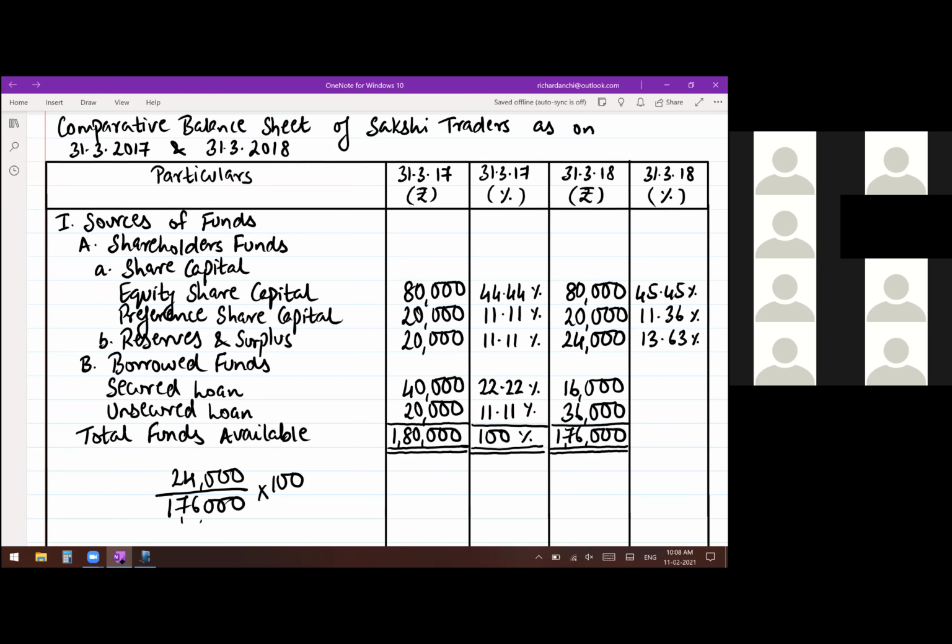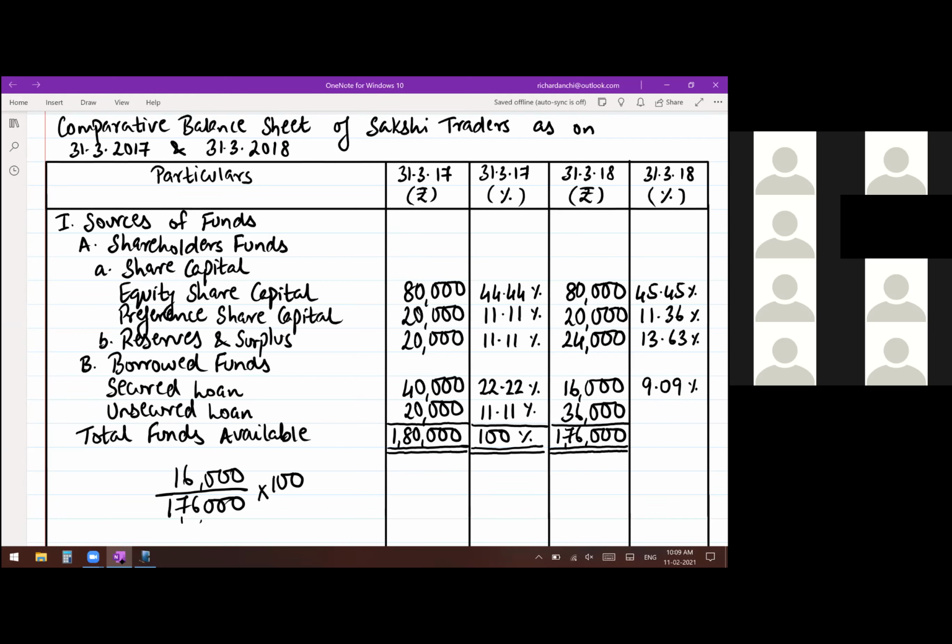Then secured loan is 16,000. Numerator will change. 16,000 divided by 1,76,000. 9.09%.